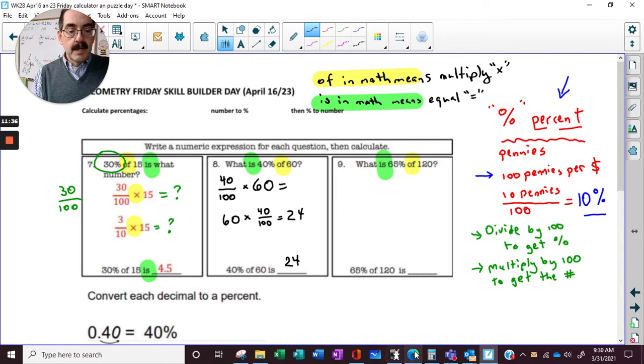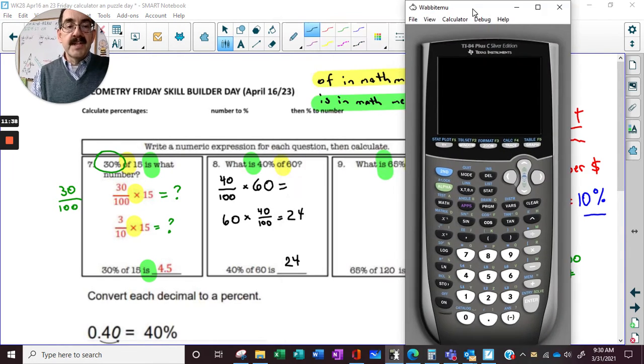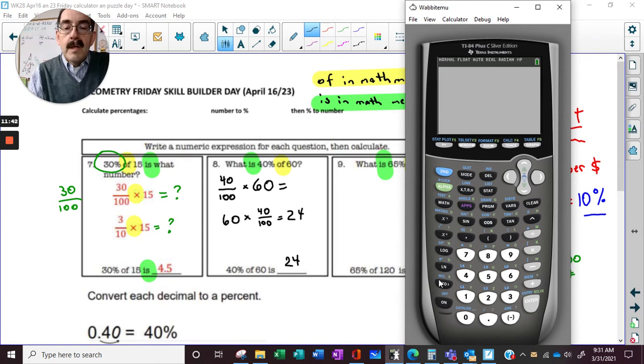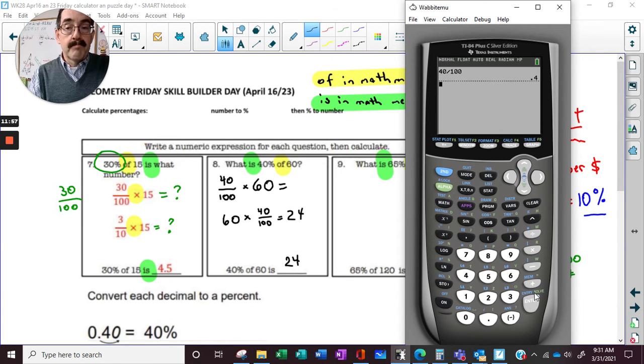Let's do that again. But this time we're going to use the fancy calculator. Now, 40%. There's no percent key. So you have to actually type in 40 divided by 100. Then we got the 0.4.